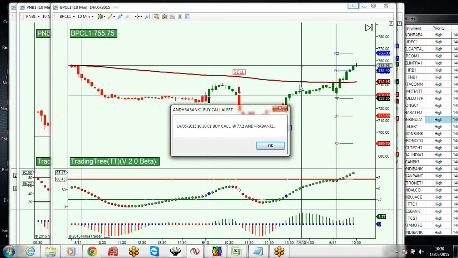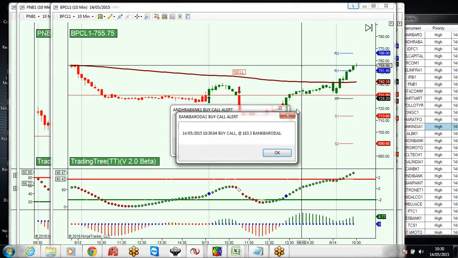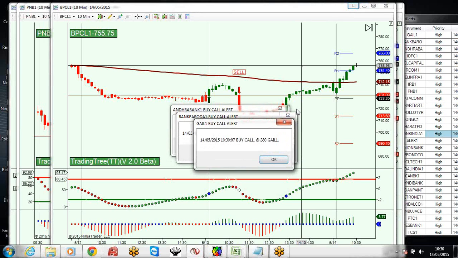There is a buy call in Union Bank 1, Bank of India 1, Kale 1.